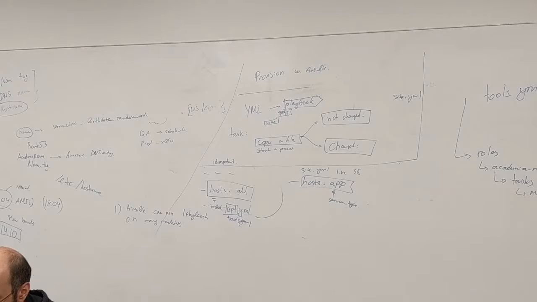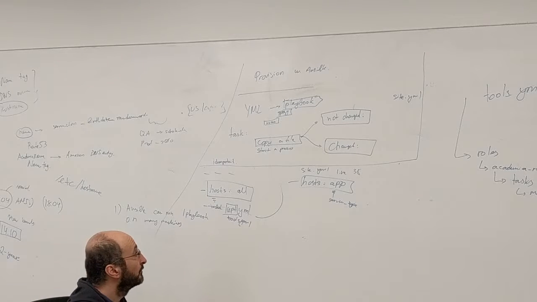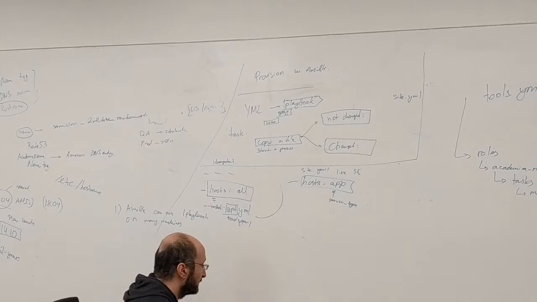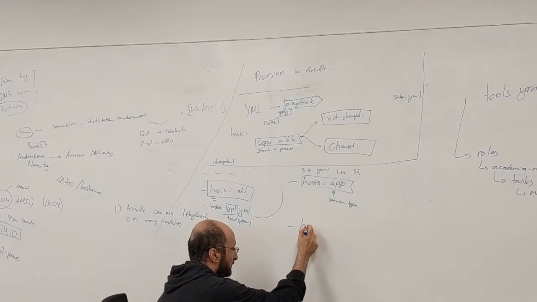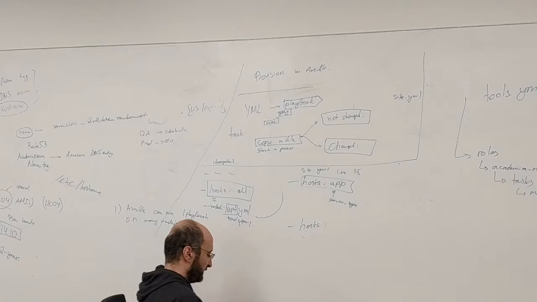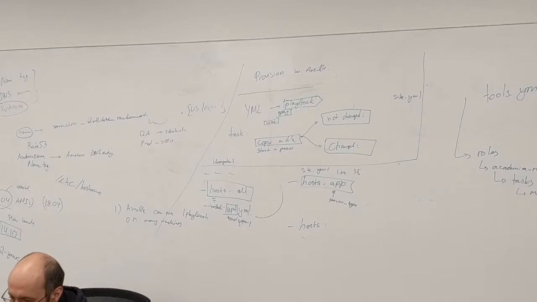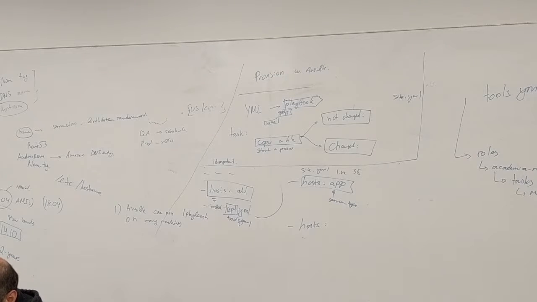Those 5 roles get installed only on app machines. And then you can scroll down inside that YAML, and you'll notice that there are many different hosts lines that group various machines together.